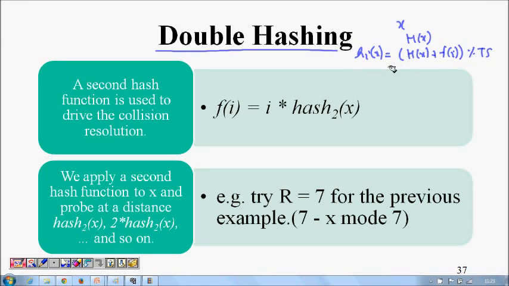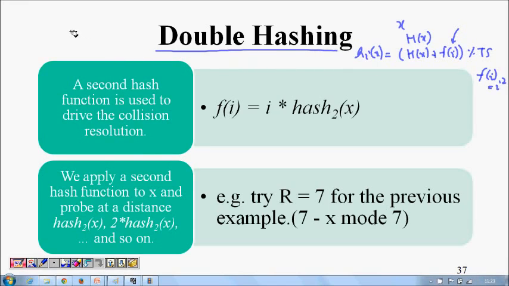The type of function f(i) decides the strategy. If f(i) is equal to i, it was linear probing. If it was i square, it was quadratic probing. And now we are having double hashing.